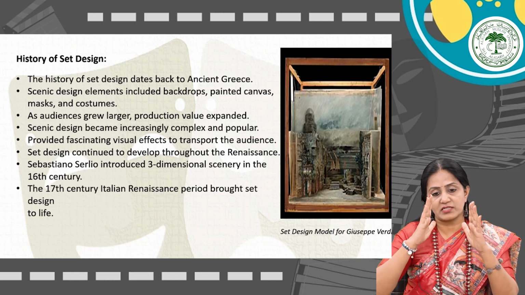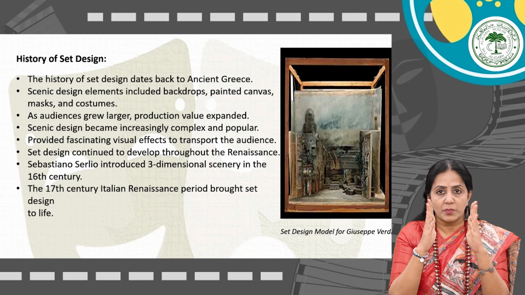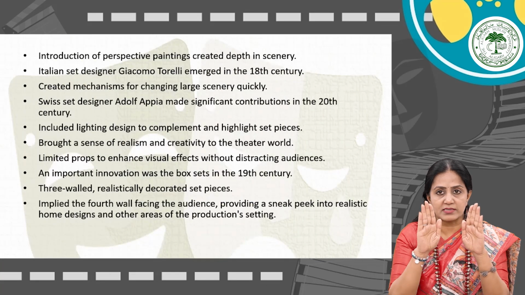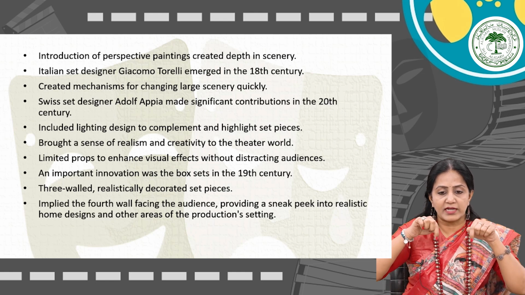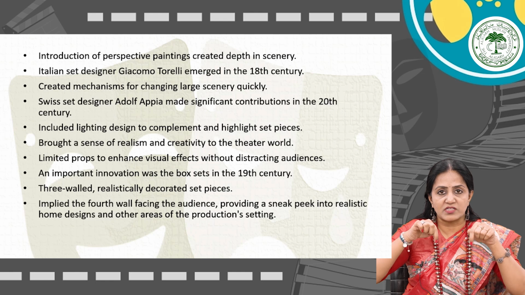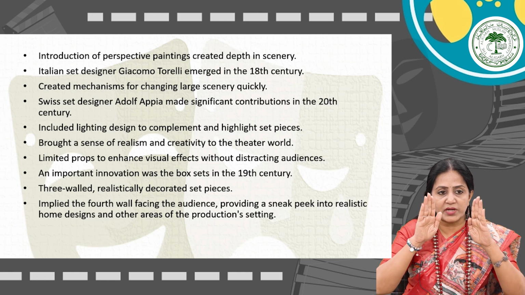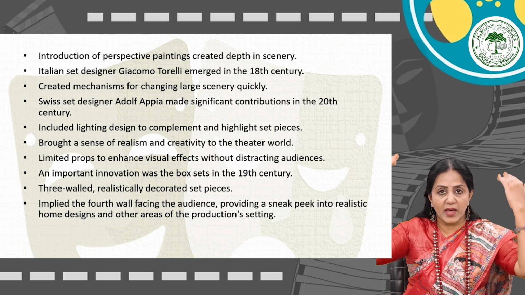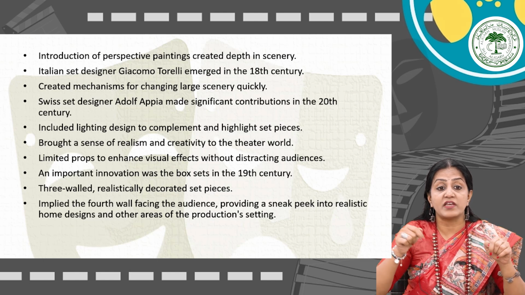If you are not showing the door like this, but if you show the door like this, there is a little perspective. This middle space gives a perspective. So when the painting is drawn like this and it is hung in the backdrop, that creates a perspective of space, of three dimensions.